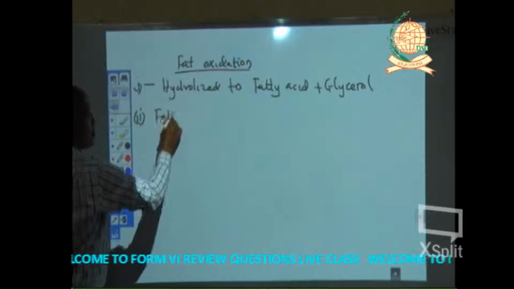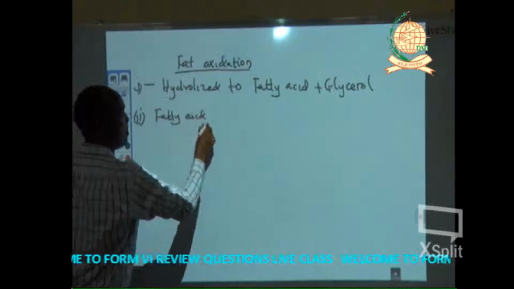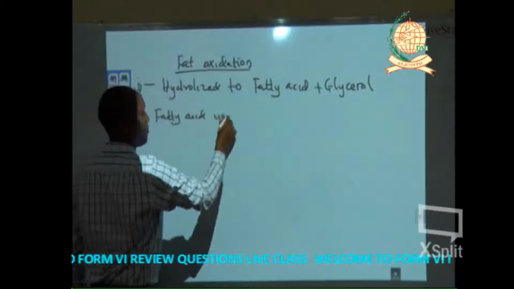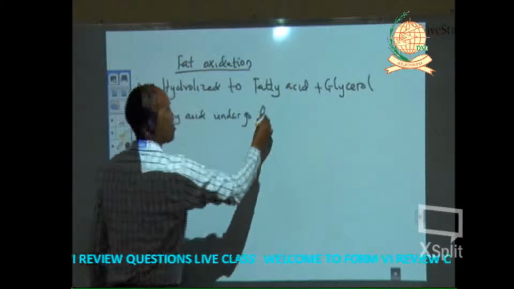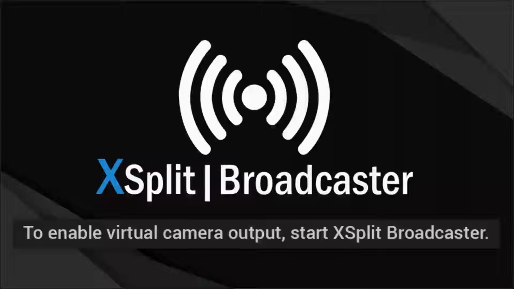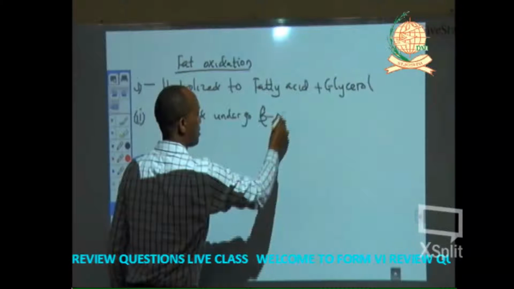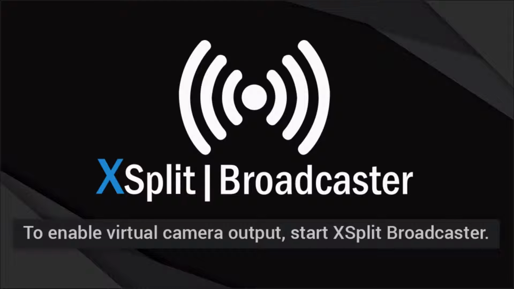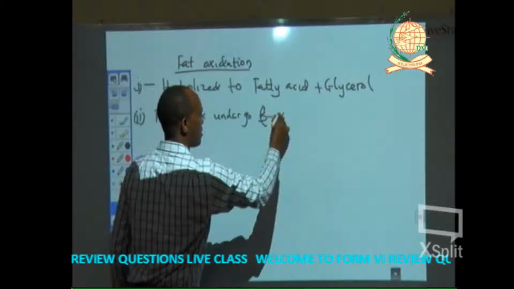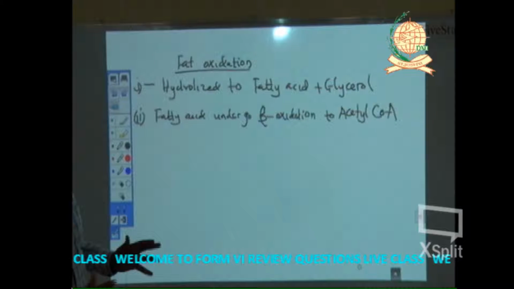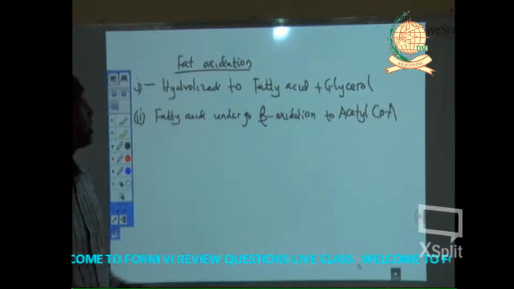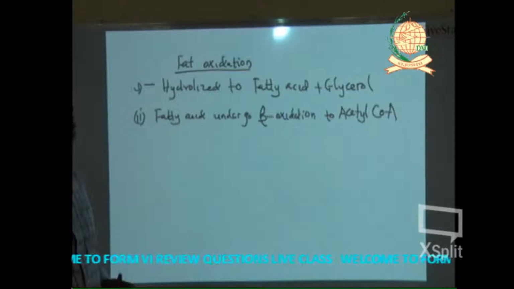The fatty acid undergoes beta oxidation to acetyl coenzyme A. Beta oxidation is the breaking down of a long chain fatty acid into 2 carbon chains, which form the acetyl.